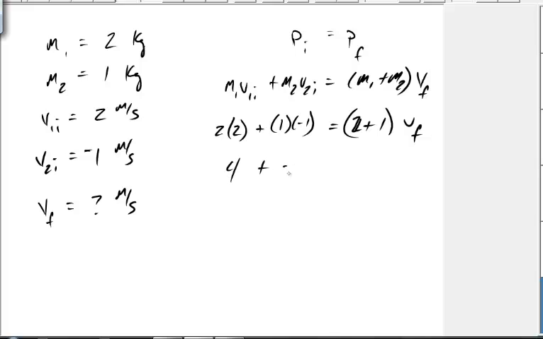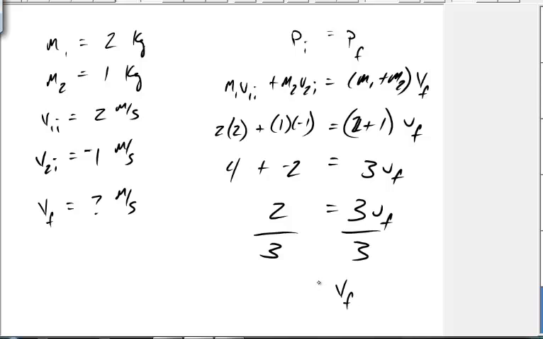So I go 4 plus negative 2 is equal to 3 VF. And I divide by 3. And what you're left with is 2/3 of a meter per second, or 0.66. Calculator. Yeah, you people and your calculators.